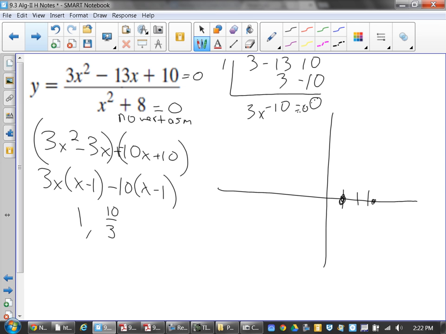The next step is I look at my degrees. The degrees in this case are the same, squared on both. When they're squared on both, all you do is your asymptote winds up being at the fraction of the coefficients. What's the coefficient of the numerator? Denominator. So it's your horizontal asymptote, and the horizontal asymptote winds up being at y equals 3.